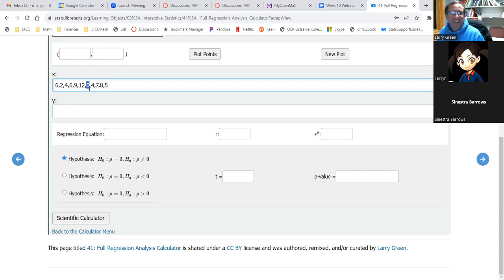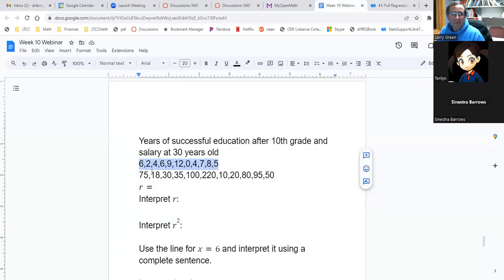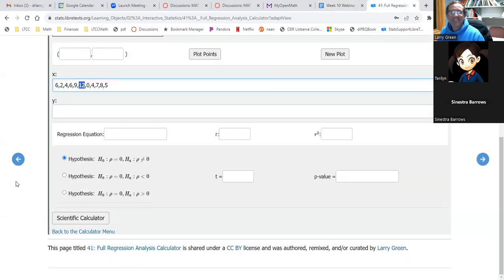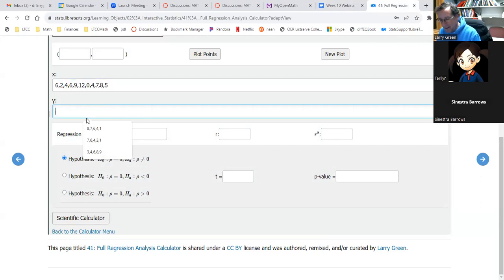Whereas this person here did 12 years of school after 10th grade. Okay, that'd be like PhD for sure, or most likely. And then here's salaries. And I did make these up, by the way. But you can imagine doing a study like this.